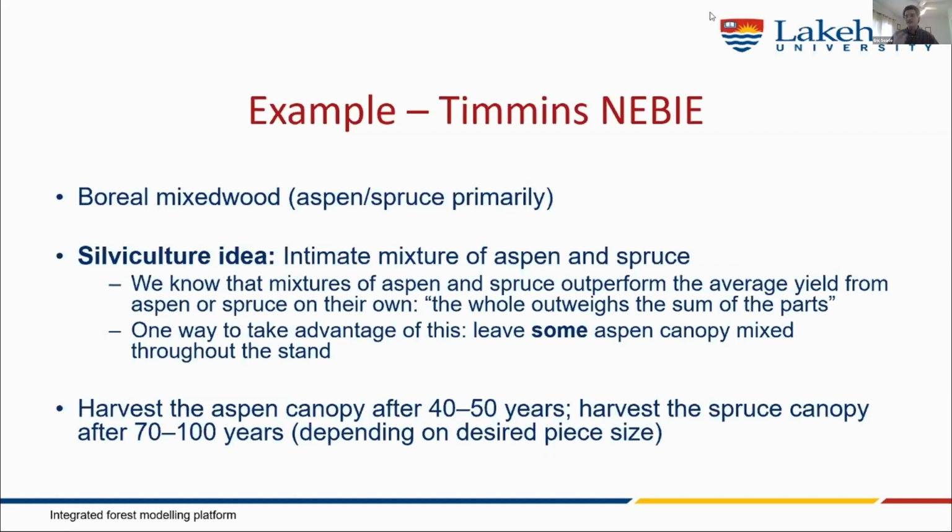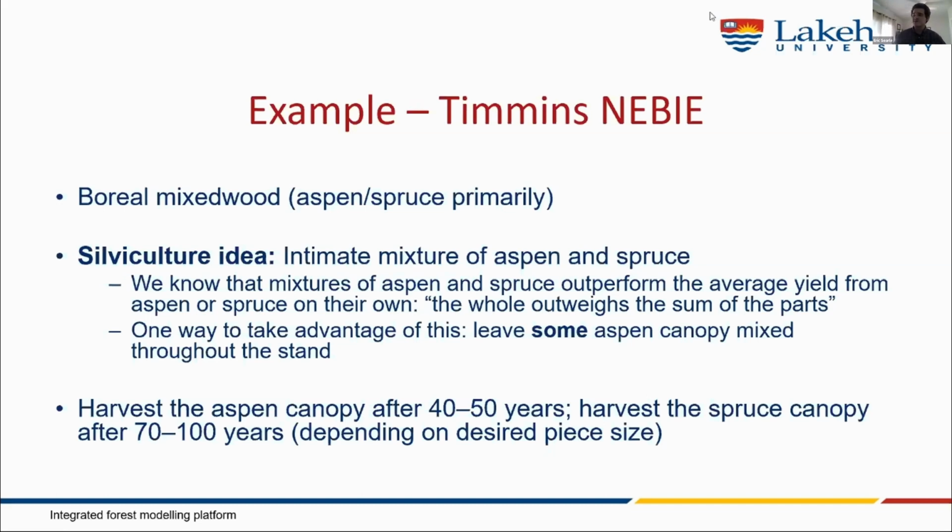And the kind of novel idea here was to examine what an intimate mixture of aspen and spruce could look like on the landscape. And so this is not just allowing some aspen to stay in your spruce dominant stand. This is intentionally keeping aspen and spruce close together. And I've got a visual example of what that looks like.